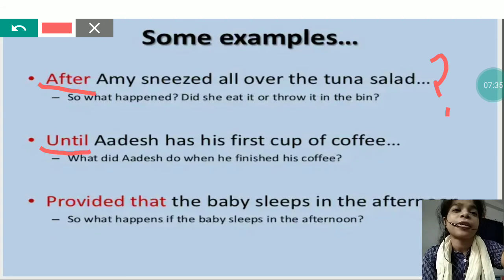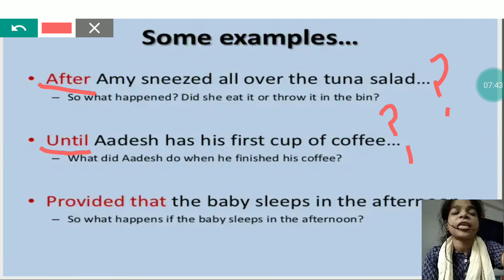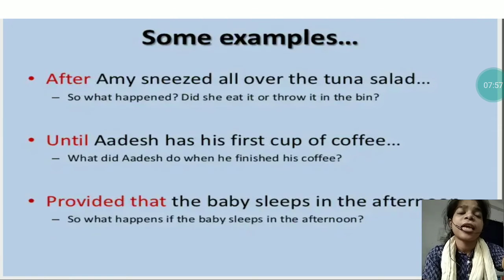So what happened after that? "Provided that the baby sleeps in the afternoon," then if the baby sleeps in the afternoon, what will happen? So in all the sentences, we saw that if we use subordinate clauses, all the red words, the sentences become incomplete, and hence need something afterwards to complete the meaning.